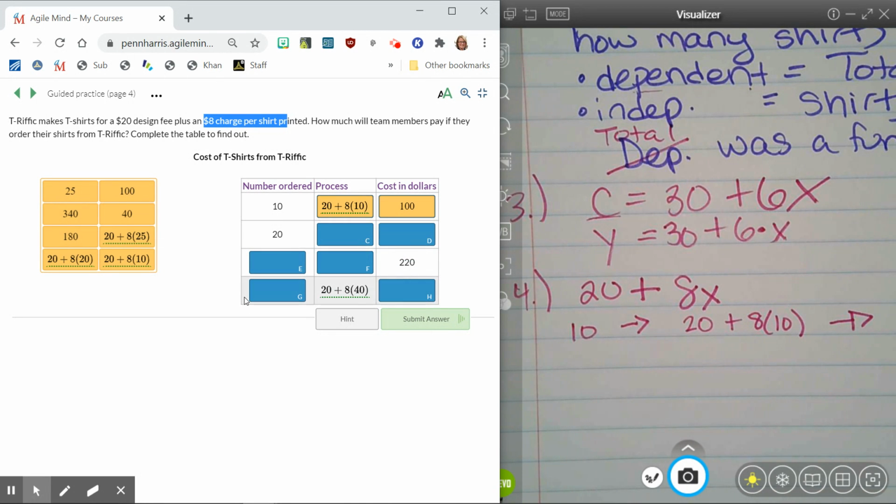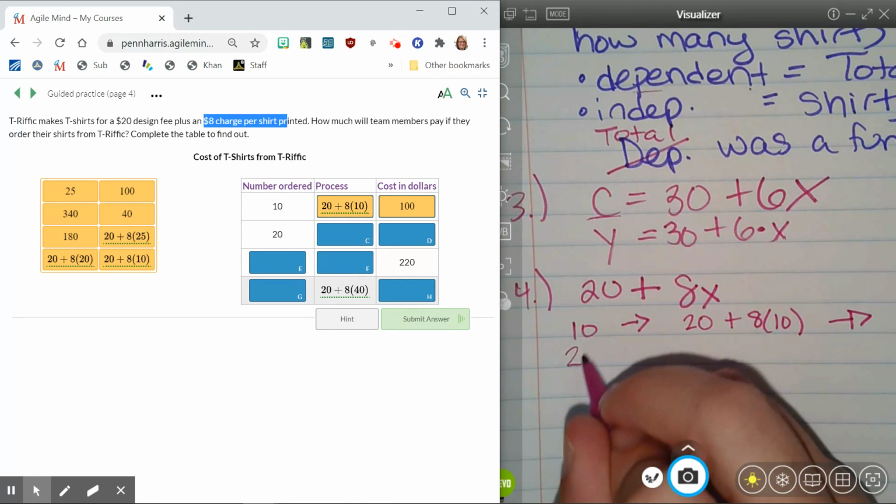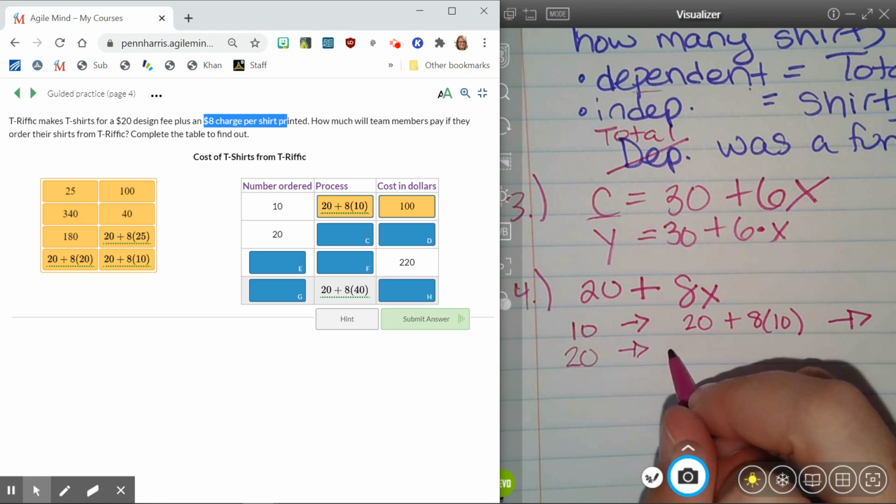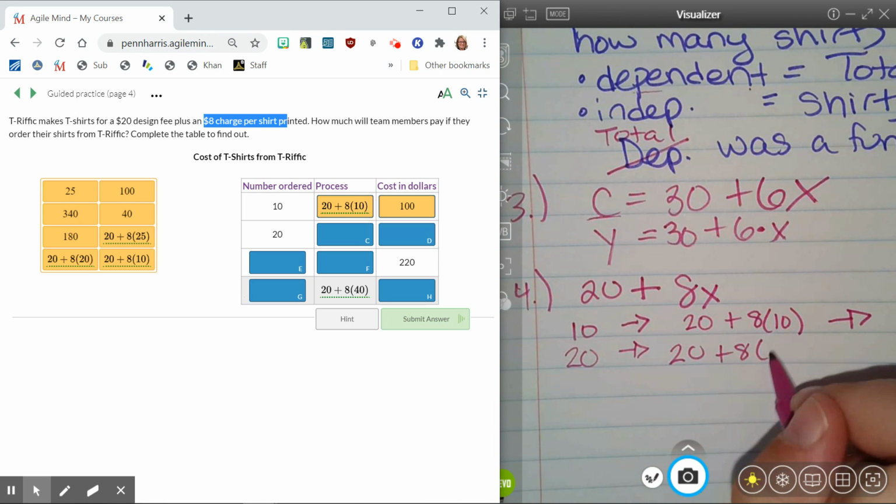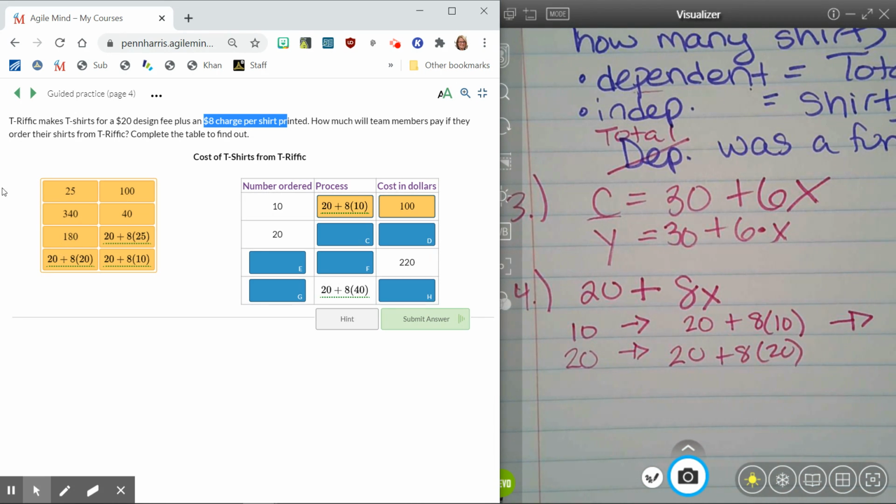Then we do the same thing. 20 shirts is going to get us 20 plus 8 times 20. 8 times 20 is 160, plus 20 is 180.